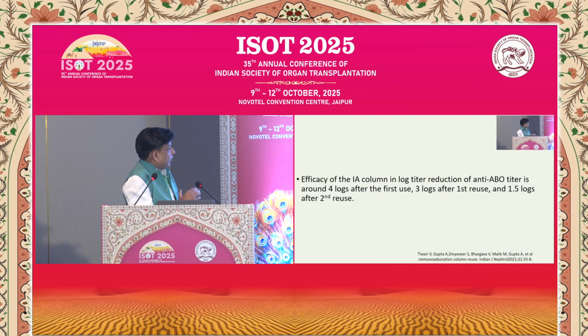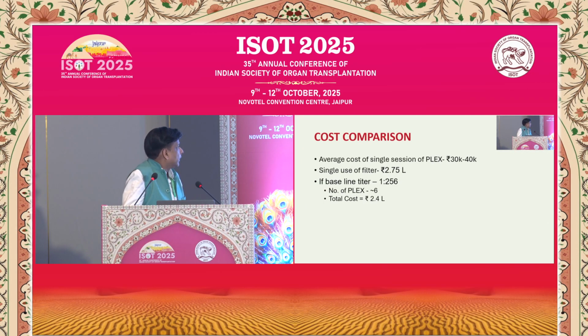Efficacy of the immunoadsorption column in log titer reduction is around 4 logs after the first use, 3 logs after the first reuse, and 1.5 logs after 2 reuses. After 2 reuses, it is almost ineffective. So the best is after the first reuse, and a little bit of benefit after the second reuse.